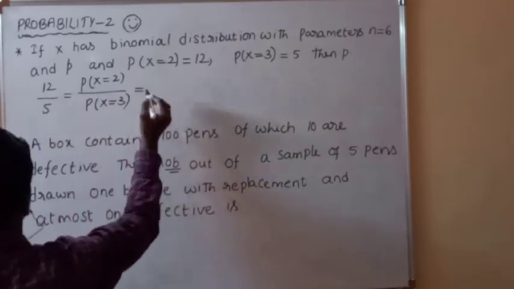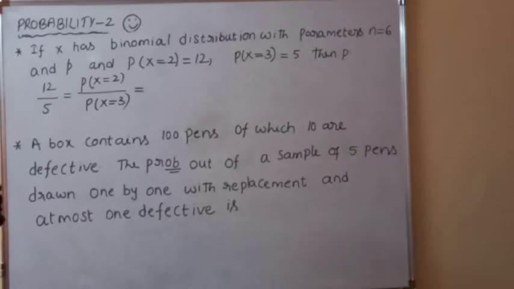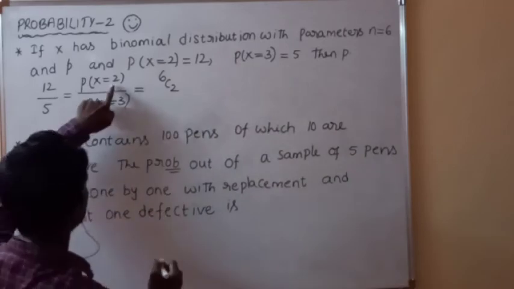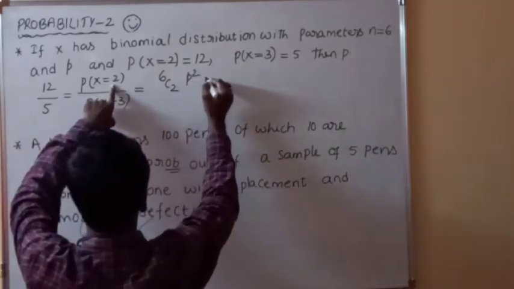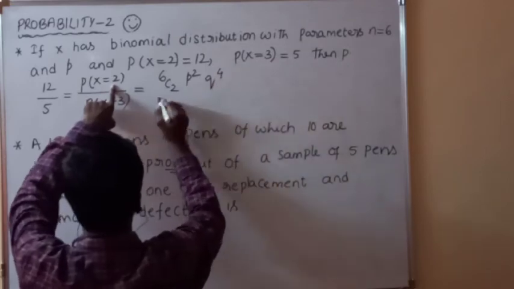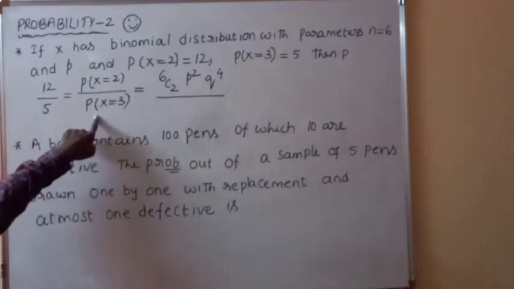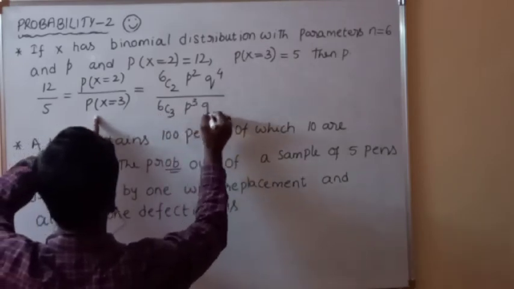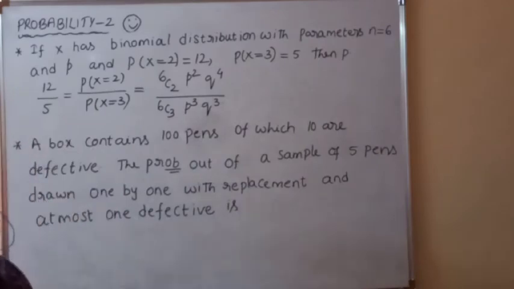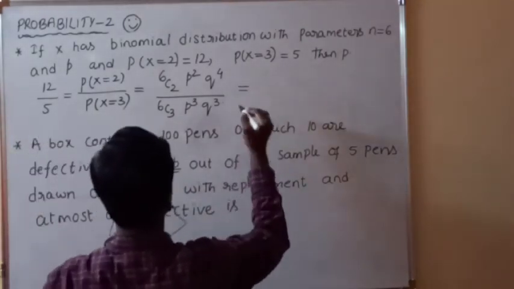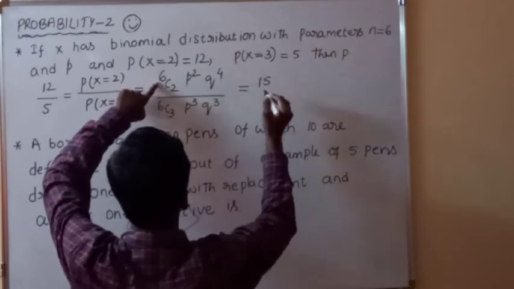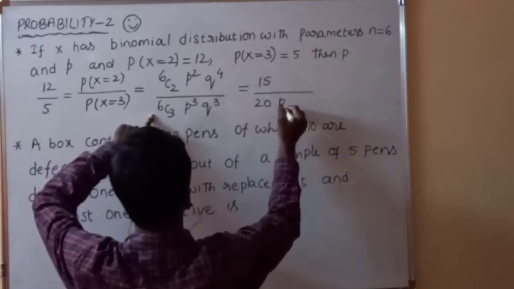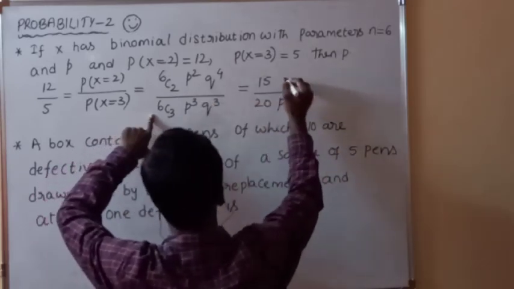It is equal to, so write the P(X=2) formula: n value is 6, 6C2 p power 2 q power 6 minus 2, that is 4, divided by P(X=3), that is 6C3 p power 3 q power 3. So I am writing 6C2 value directly as 15 and 6C3 value as 20. So p square by p cube is 1/p here, and q power 4 by q cube is q here.